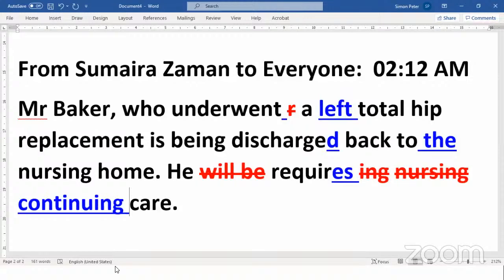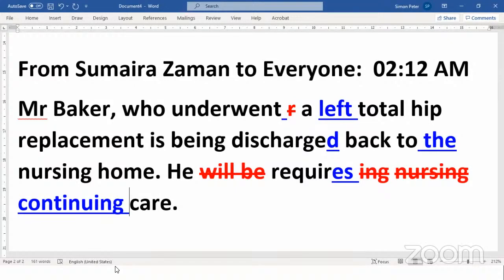He requires continuing care at the nursing home. Discharged back to, but requires continuing care at the nursing home. However, you are changing the preposition, so it is slightly modified and a new one will come there.